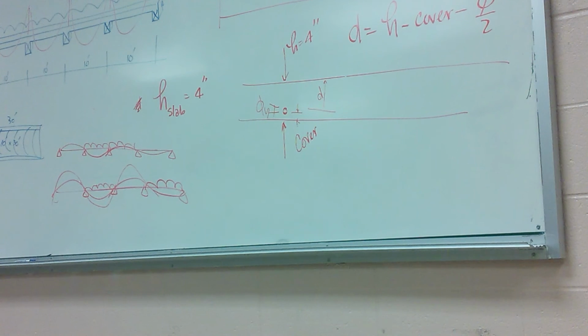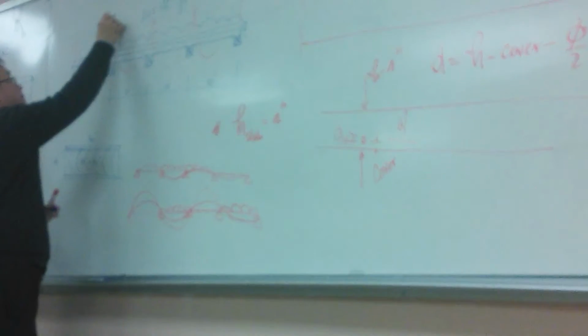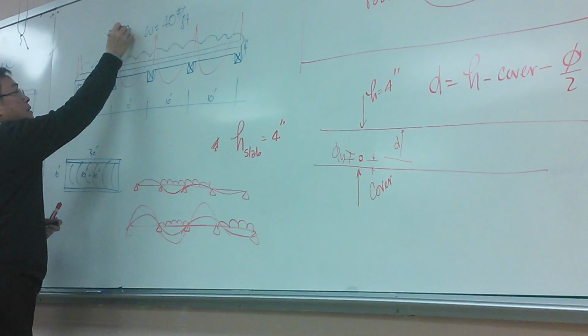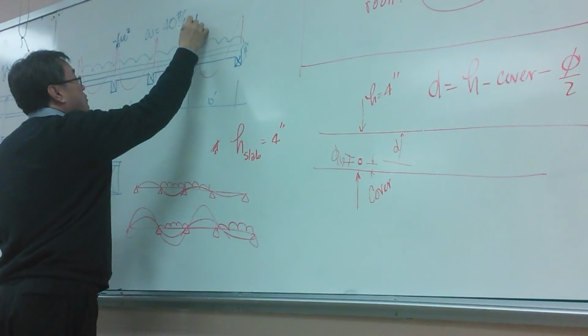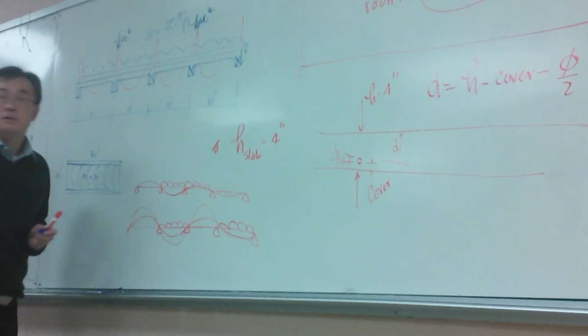So in any case, that's from structural analysis. But a shortcut is to use the ACI moment coefficients. Remember that? So what are the ACI moment coefficients? The largest is at the first interior support, minus 1 over 10.